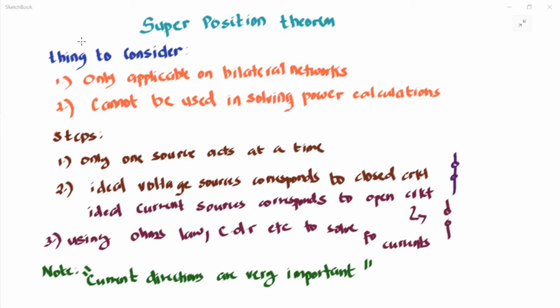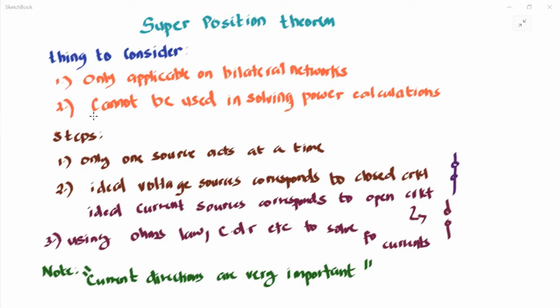Let's get started. Things to consider when applying superposition theorem: it is only applicable in bilateral networks. This only means that it can be used with circuits, for example a network consisting of only resistances and so forth, that can be classified as bilateral networks.